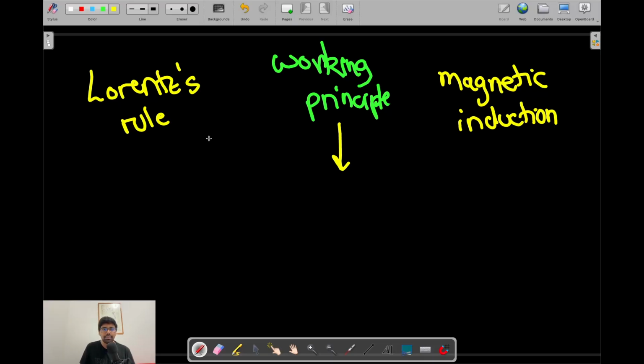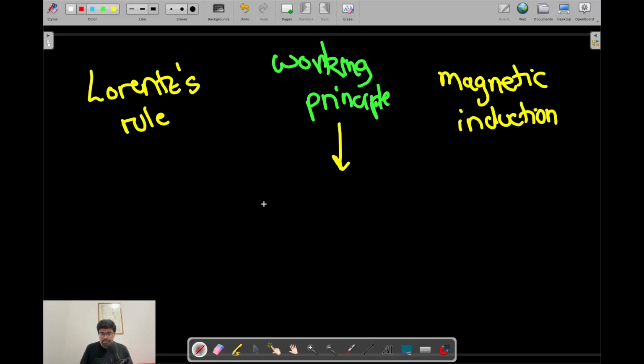The working principle is: when current is passed through a magnetic coil, a magnetic field is generated. This magnetic field interacts with the static magnetic field, which in turn generates rotation. It's a long working principle, so let's break it down clearly.